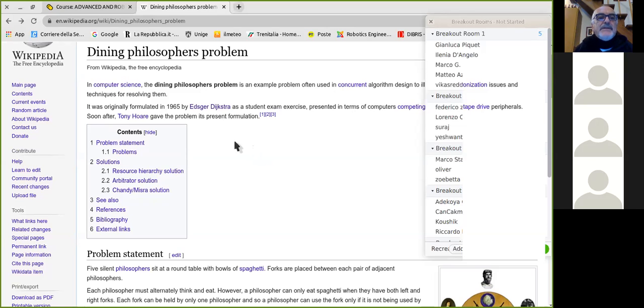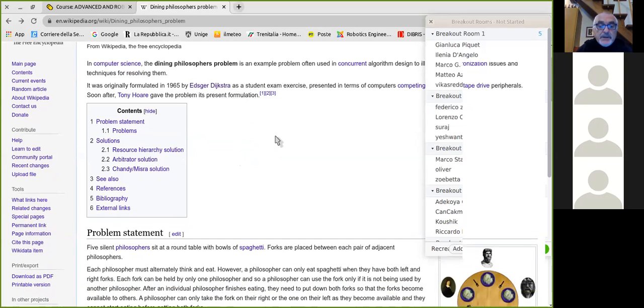It was defined by Dijkstra. Dijkstra was a prominent scientist who invented the concept, defined the idea, of semaphore in concurrent computing. And we can say that semaphore is the primitive concept that allows us to have operating systems in general.